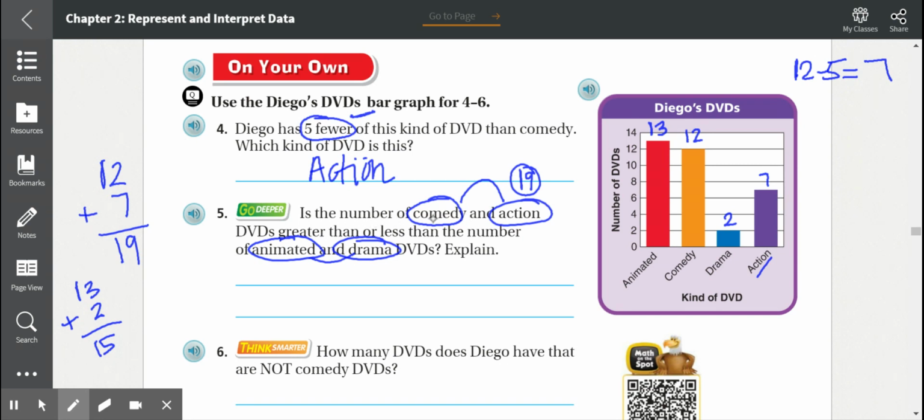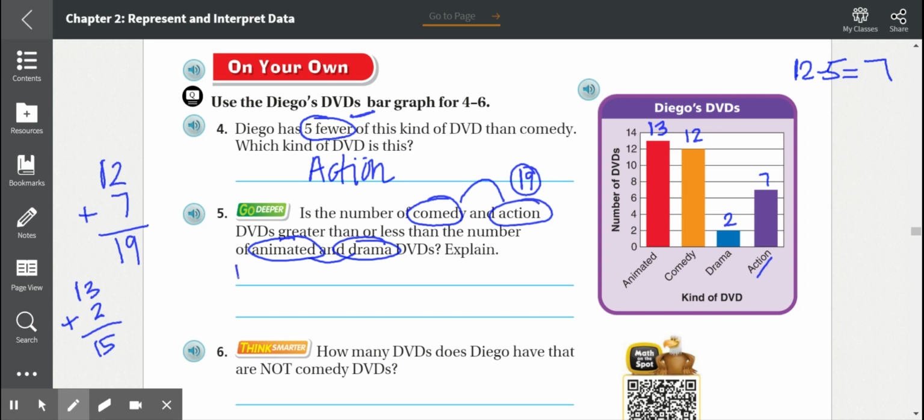So is the number of comedy and action greater or less than the number of animated and drama? Well, he has 19 comedy and action, and he only has 15 animated and drama. So he has a greater number.